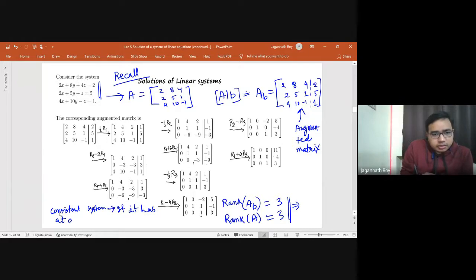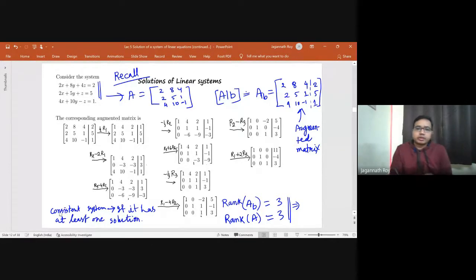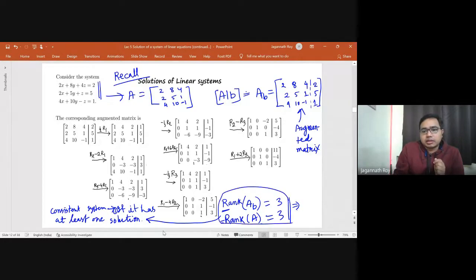Now that we know the rank of an augmented matrix and the rank of the given coefficient matrix, if they are equal, then also we say the system is consistent. It has at least one solution, when the ranks of these two matrices are equal.